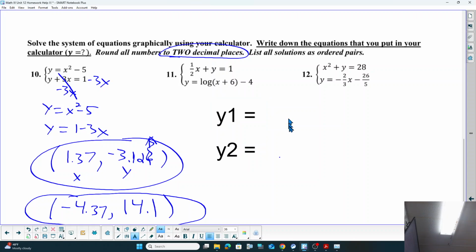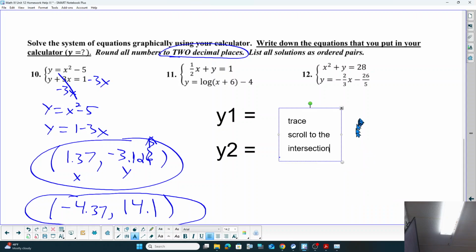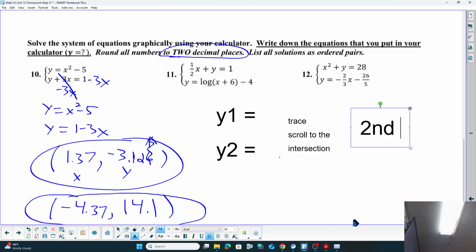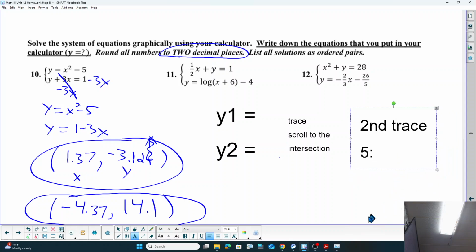After you plug that in, then you trace, and scroll over to the intersection. Then you're going to put a second trace. It's going to be option 5, called intersection. Second trace, second calc, so intersection.